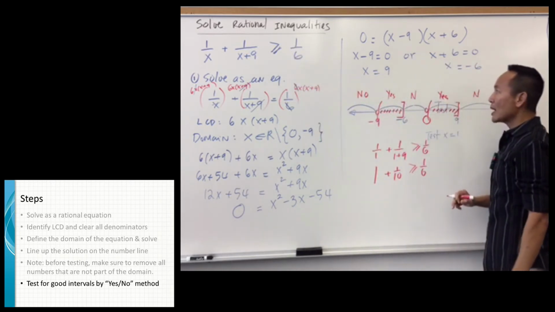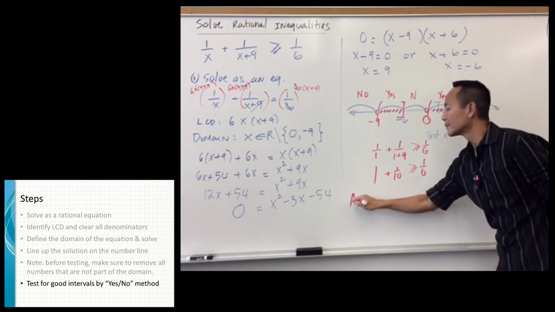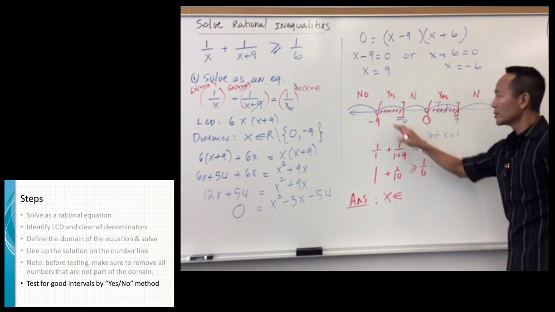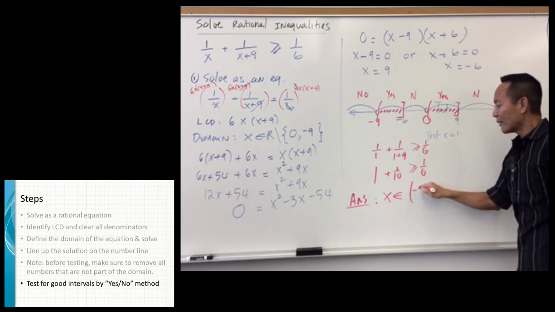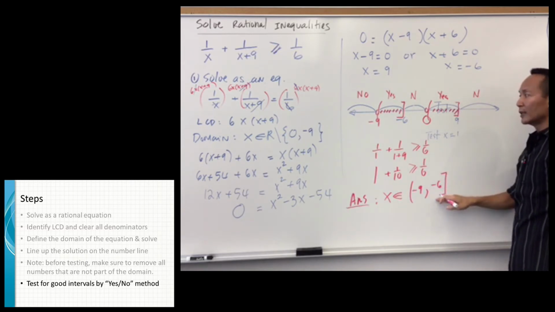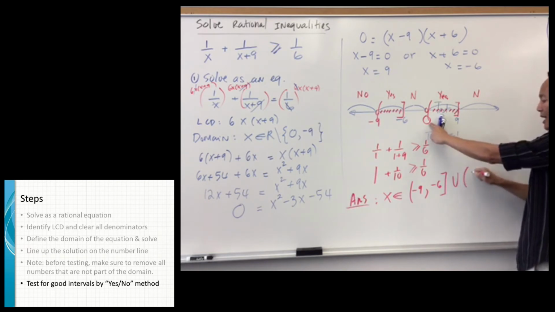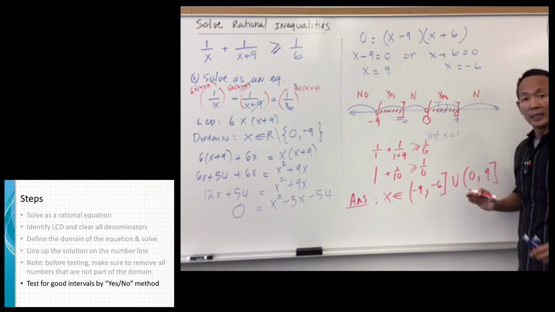And the final answer would be, write down, x belongs to all the numbers starting right after negative 9 up to negative 6, including negative 6, or all the numbers starting right after 0 up to 9, including 9. So these are the two good intervals.